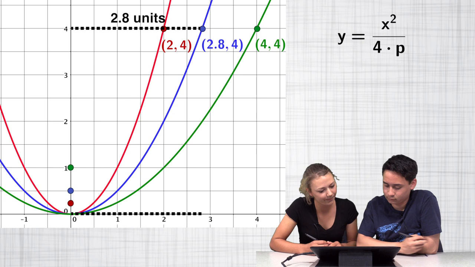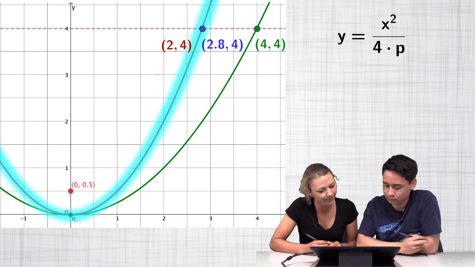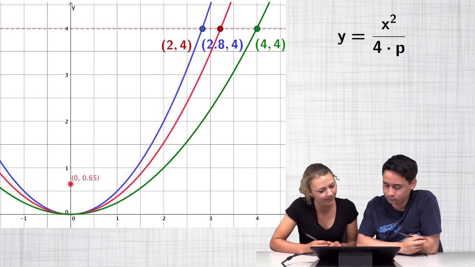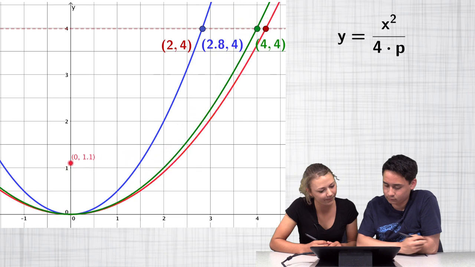But, as Keoni put it, it goes farther out, which forces the parabola to be wider. If the x value of a point is increased, but the y value is the same, then the distance between the y-axis and that point is greater, thus forcing the parabola to become wider.